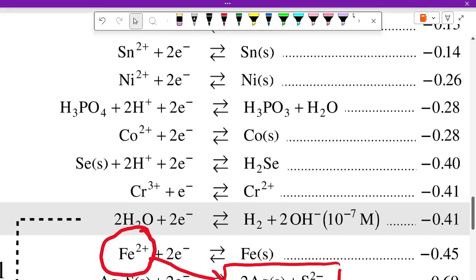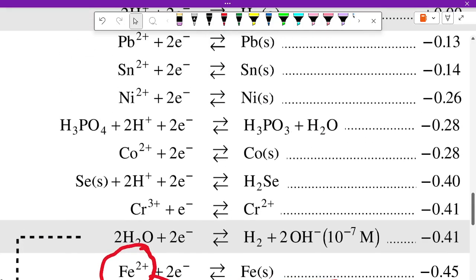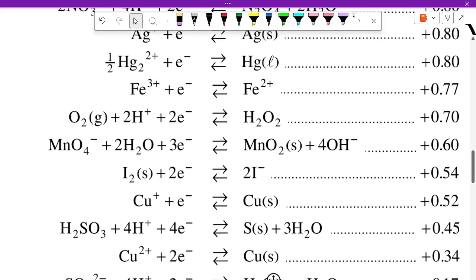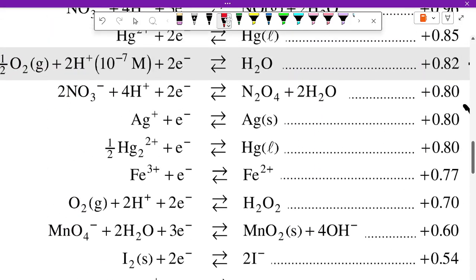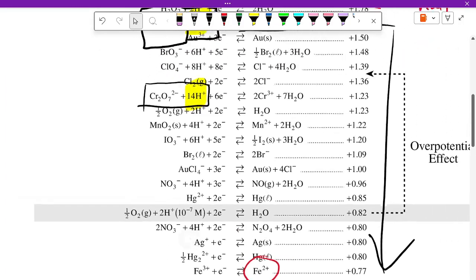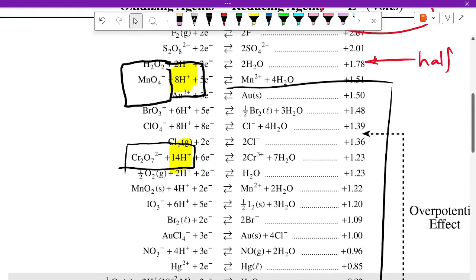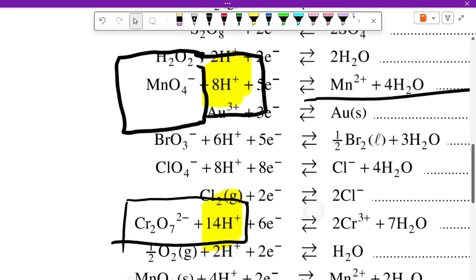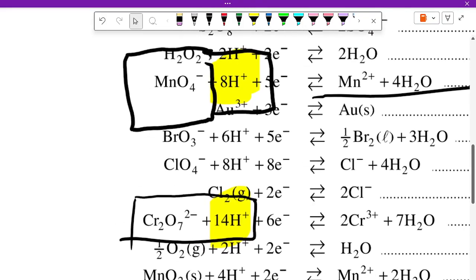So what that tells me is that probably somewhere here on this table, we have Fe2+ as a reducing agent, and lo and behold, there it is. And then if we go up to the tippy top of the table, you remember two of those reactants we were looking at were acidified permanganate and acidified dichromate.